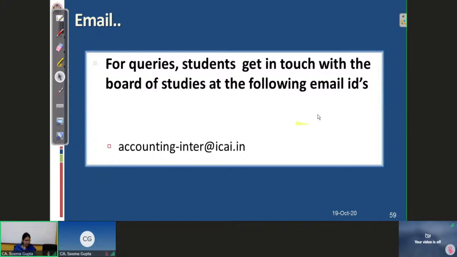To be a successful chartered accountant, you should have strong determination, strong willpower, sincerity, hard work, planning. This is the only mantra to achieve success in the examination.